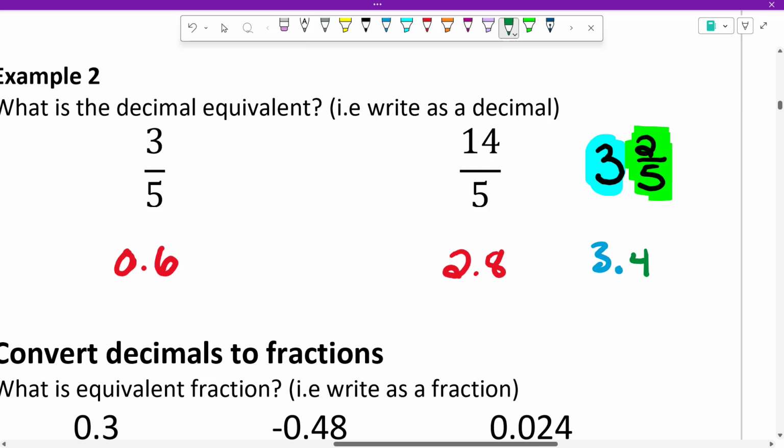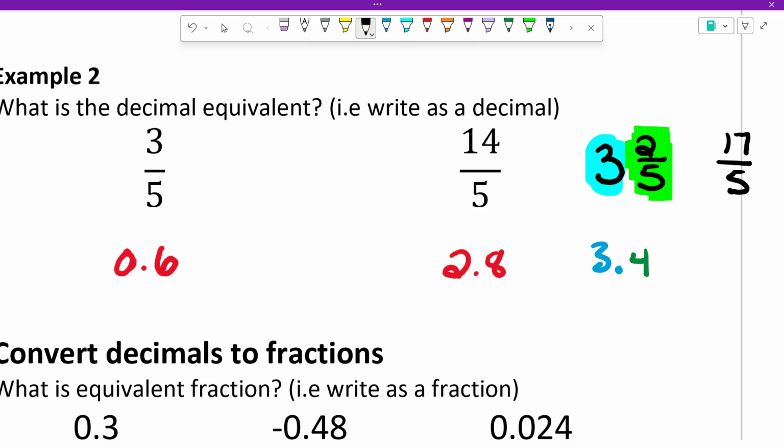Or, if you don't like that, you could take this number and convert it to an improper fraction and go with your calculator. The bottom number stays the same. What would the top number be here? 17. 3 times 5 is 15, plus the 2 gives us 17.